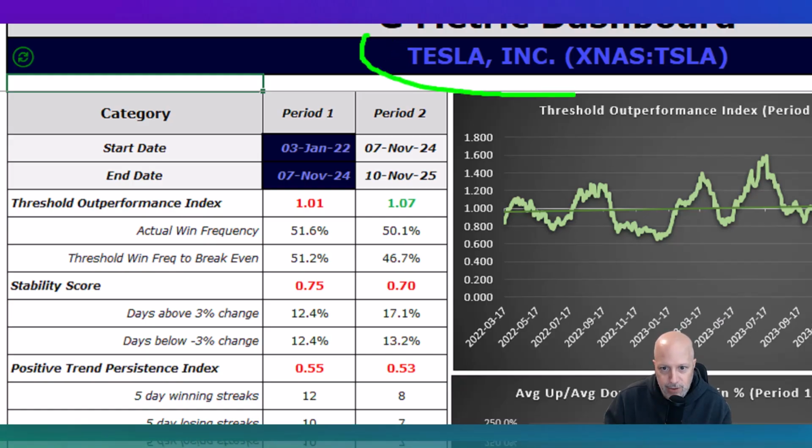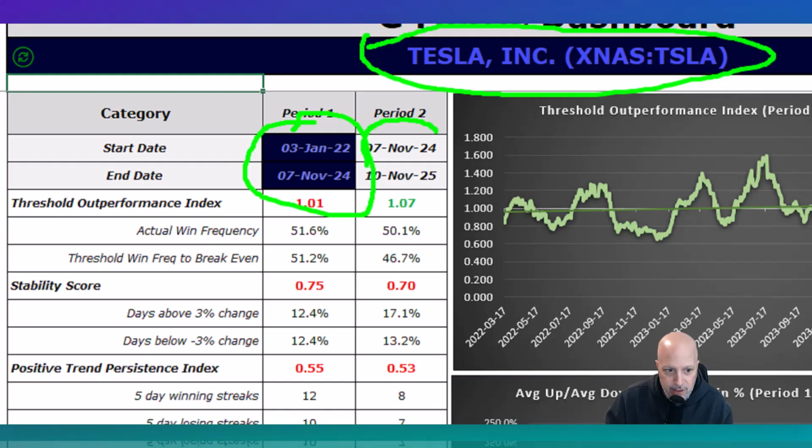First, they would choose the stock up here. We've chosen Tesla. There are over 5,000 tickers I've programmed into my drop-down menu. Then the user will pick the start and end date for period 1. I've chosen January 3rd, 2022, and the end date of November 7th, 2024, and then period 2 automatically auto-populates from the end of period 1 to the most recent trading date.